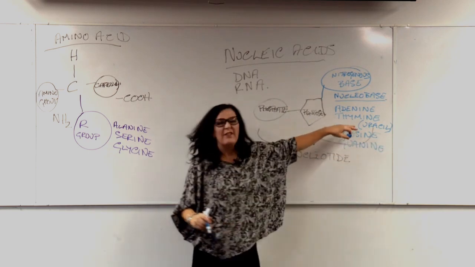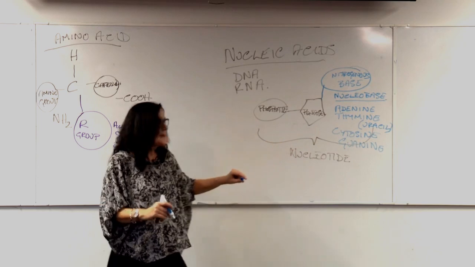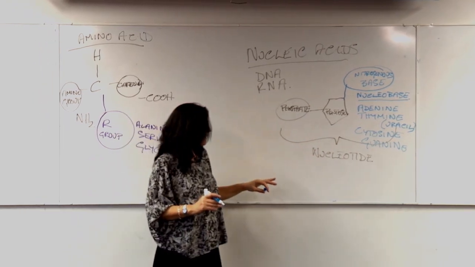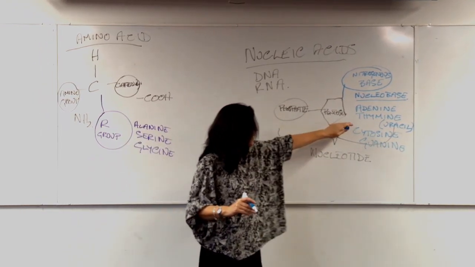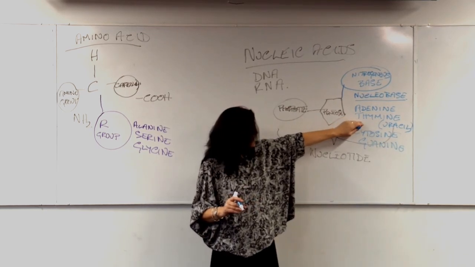So 4 or 5 depending on whether it's DNA or RNA. Thymine in DNA, uracil in RNA.